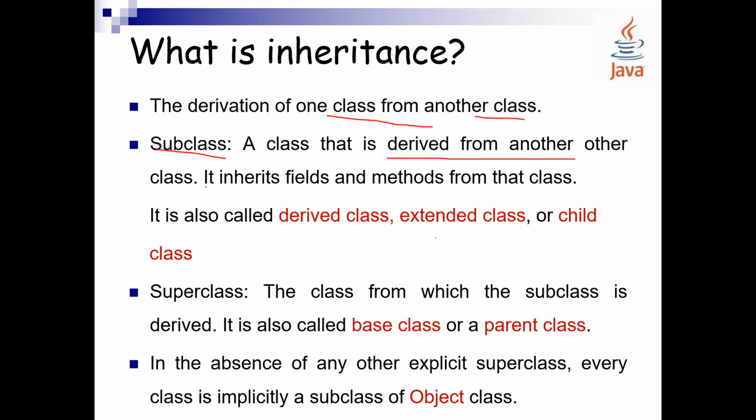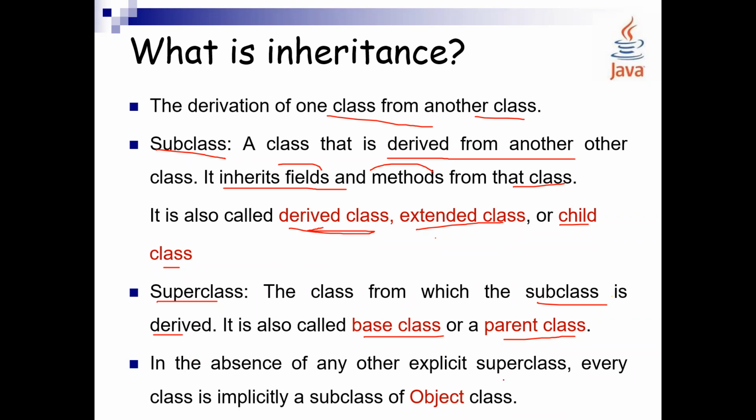And this subclass will inherit all the fields and methods from that superclass. That's why it's also called a derived class, extended class or child class. Then the superclass is called the base class or parent class. This is the class from which the subclass is derived.